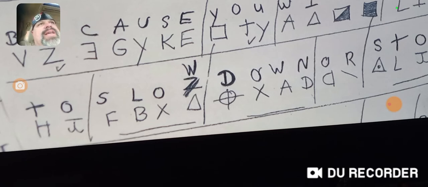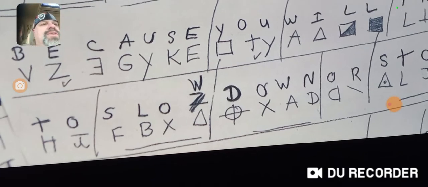But yeah, a Zodiac alphabet, which he claims the Zodiac Killer used to make his words into sentences. Because as you can see down here, V-Z-E-G-Y-K-E. Most likely you know that does not spell because, but if those are the Zodiac alphabet letters, well then there you go, decrypted.